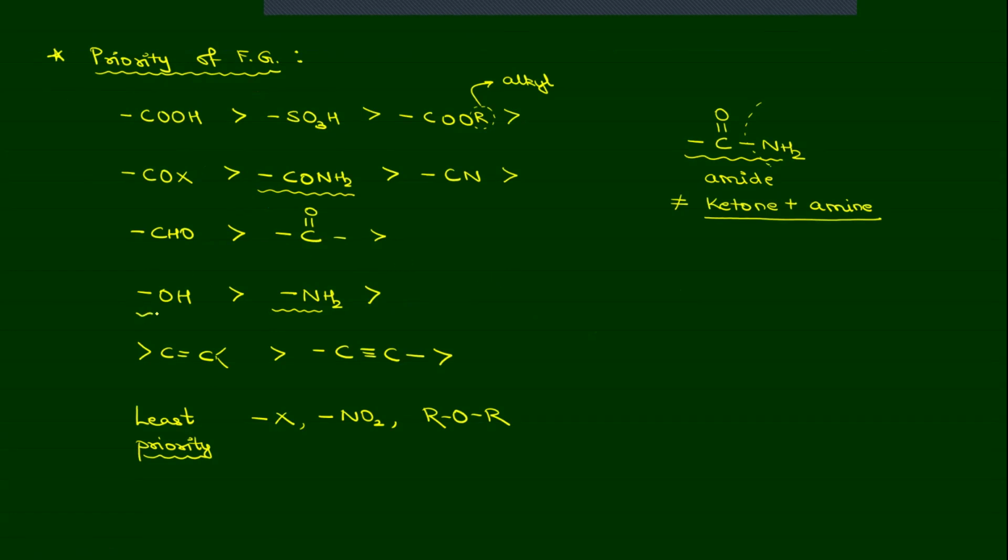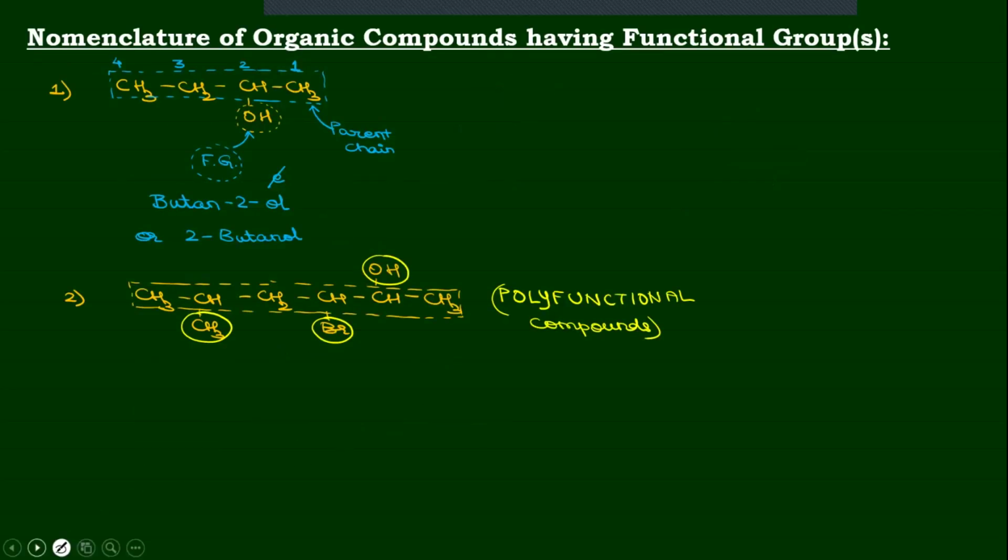Because the OH has the priority, we will call it the main functional group, and the other functional group of lower priority will be treated as a simple substituent.